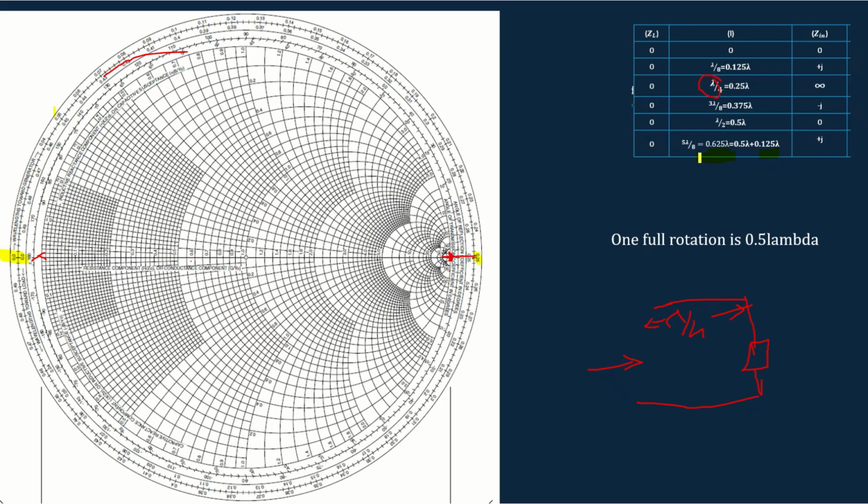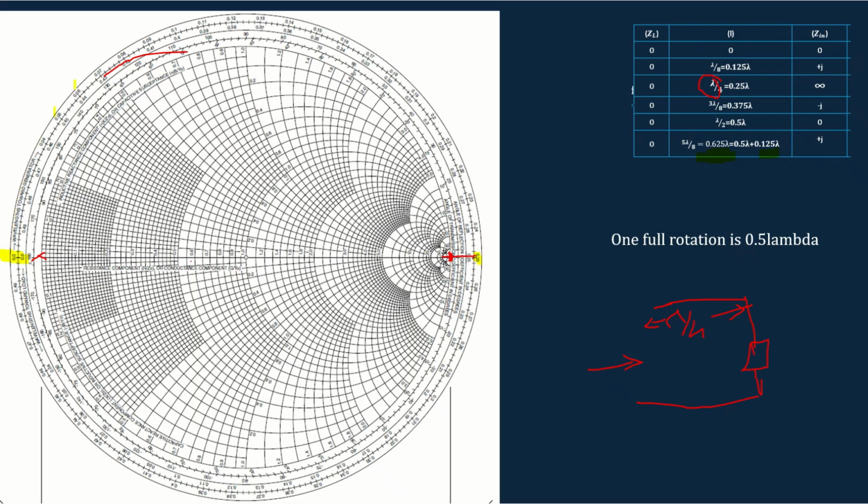So here let's find out what will be the input impedance if the length of the transmission line is 0.625 lambda. We will start from here and move the complete circle. So we completed 0.5 lambda and the remaining is 0.125 lambda.